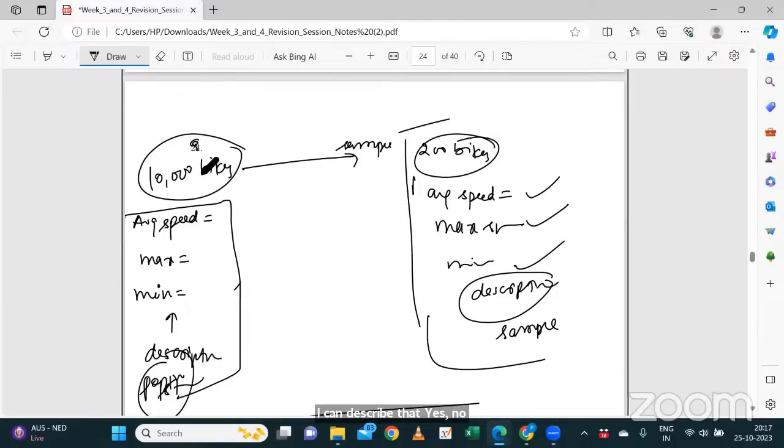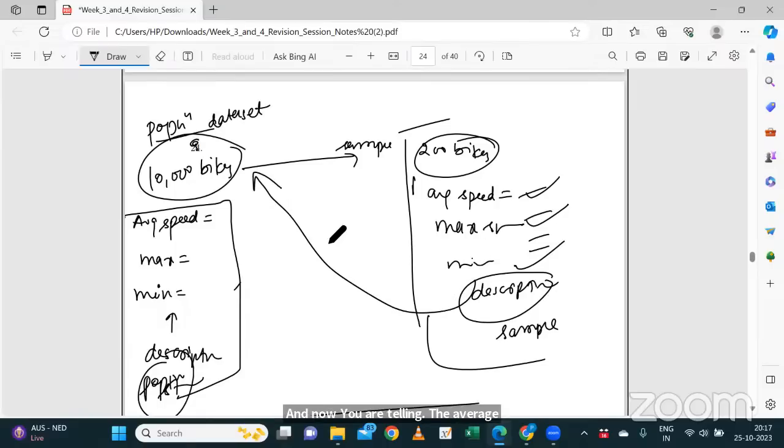Right now, suppose these 10,000 bikes. I gave you a data set of these 10,000 bikes, and you consider it a population data set. Suppose this is the total bikes in a city, in a locality, in a society, something like that. You can consider that as population data. And you took a sample of 200 bikes, and you computed the average speed, maximum speed, and now you are telling that the average speed of the bikes in that city is, let's say, 40 kilometers per hour.